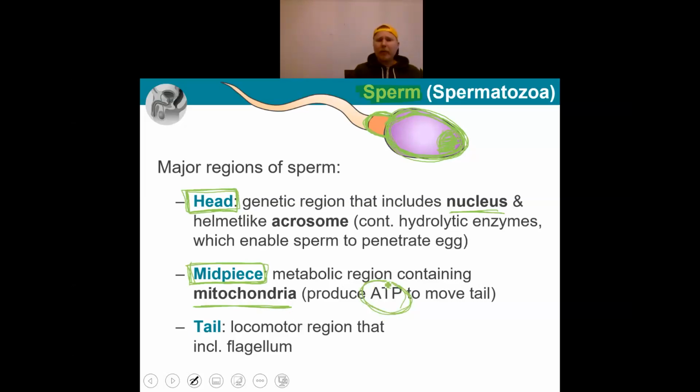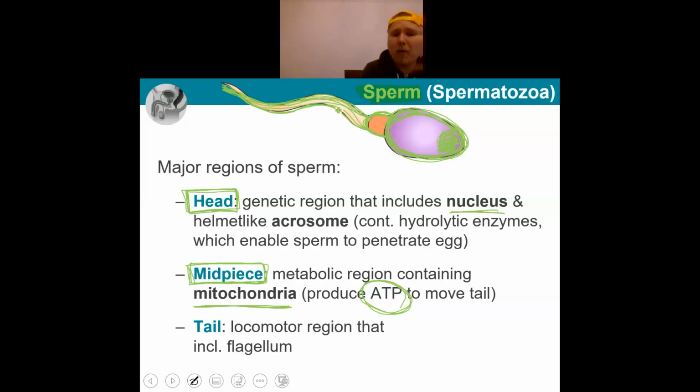And if you think, why would we have ATP being produced here? Well, it all comes down to the function, the role of the sperm. The sperm's role is, of course, to travel to the female egg cell. To travel there, the sperm has a tail that contributes to its mobility, so that waves help the sperm move along.